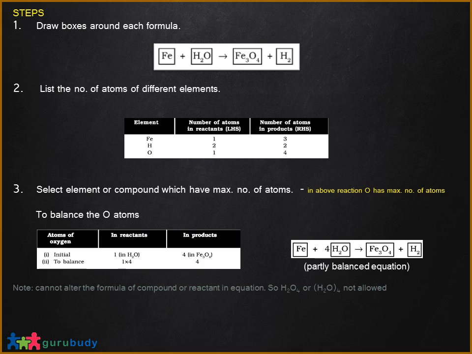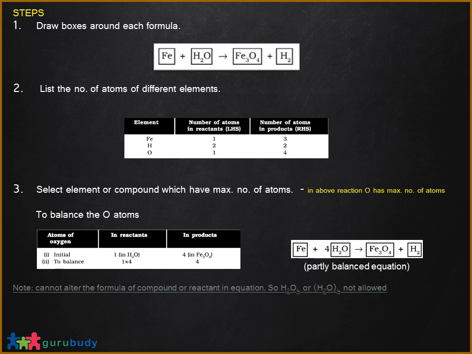So with water, you cannot make it H2O4 to balance the oxygen, or H2O and then bracket 4 to balance the oxygen. You cannot change the compound. You can only change the number of those molecules. That's why we put a box around, to make sure we don't make a mistake. So now we have a balanced equation from the oxygen point of view.